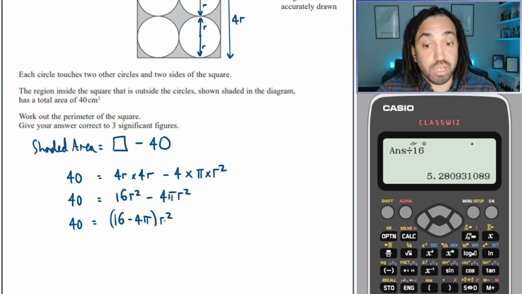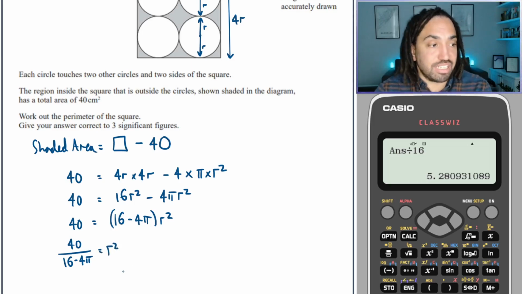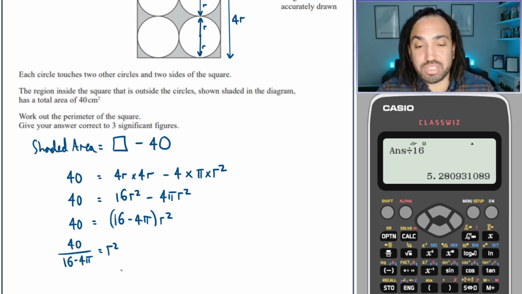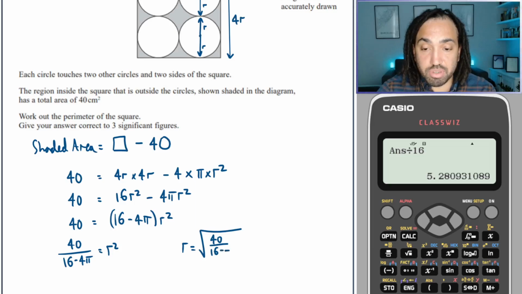So taking out an R squared, basically. And then we can divide through by that factor. And this way, it's just a bit nicer and a bit neater, and it gives us an exact value as opposed to having to round and lose accuracy. So this means that R is the square root of 40 over 16 minus 4 pi.